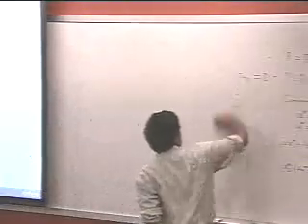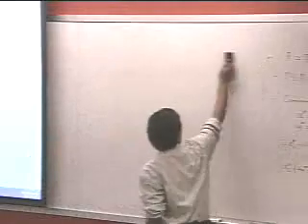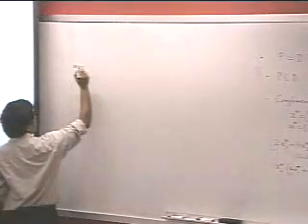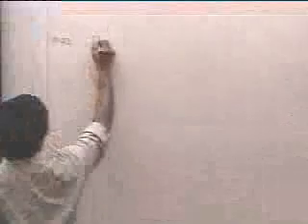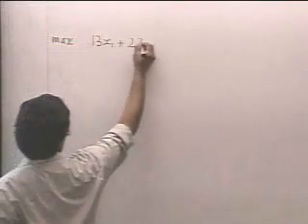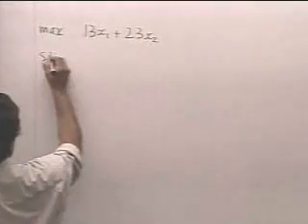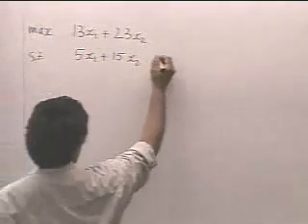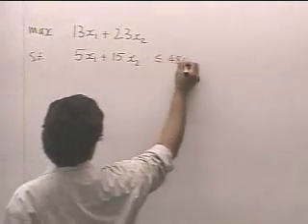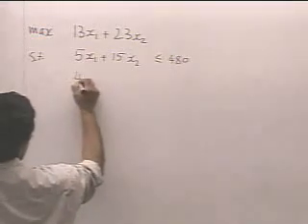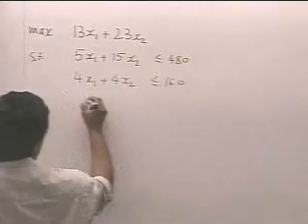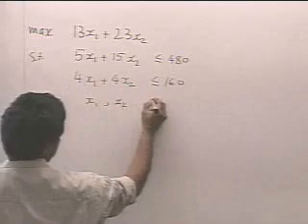Towards the end of last class, we started looking at the use of duals, and let's return to that story. Here's the problem. We were trying to maximize 13 times x1 plus 23 times x2 such that 5 times x1 plus 15 times x2 is less than or equal to 480, and 4 times x1 plus 4 times x2 is less than or equal to 160, x1 and x2 greater than or equal to 0.